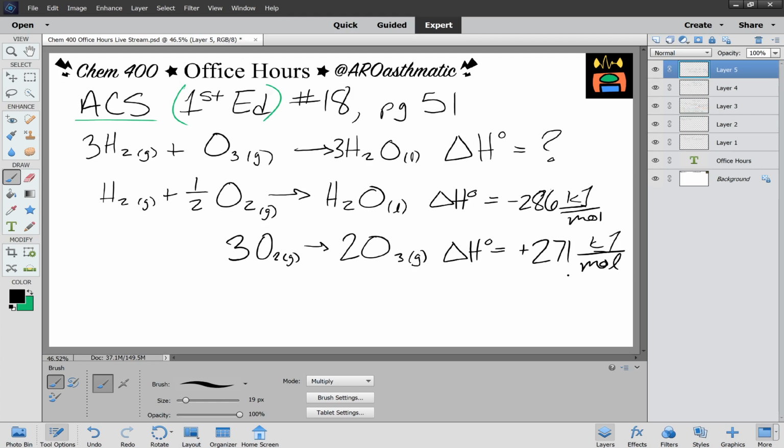And what we need to do, again, is we need to find, I'm going to call reactant H2 number 1. I'm going to call ozone number 2. Oh, wait, hang on. I'm in the wrong layer.